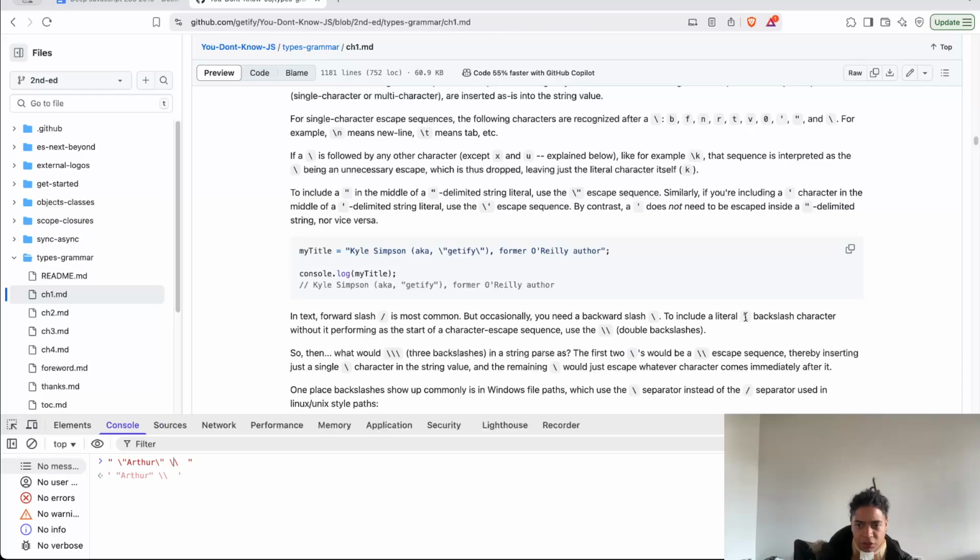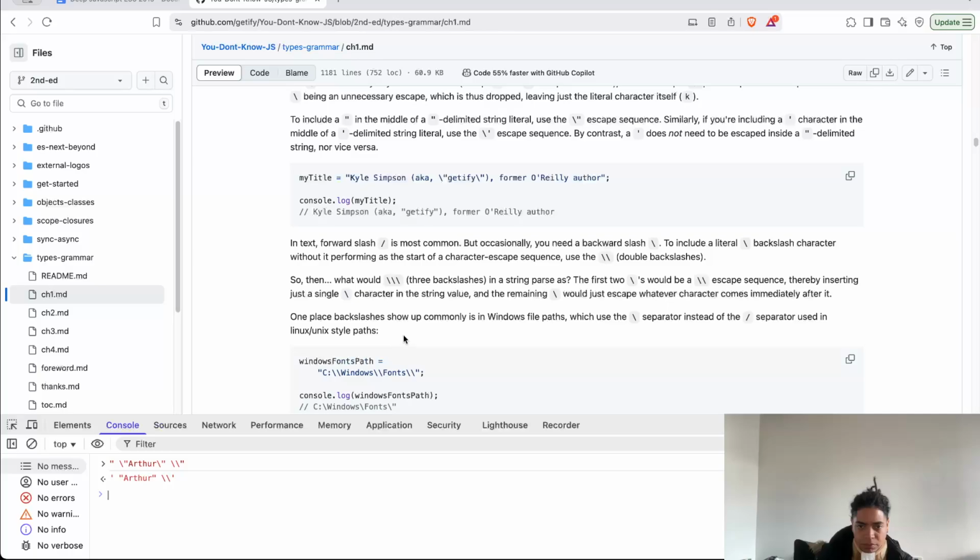To include a literal backslash character without it performing as a character escape sequence, use double backslashes. So then what does a triple backslash string parse as? The first two should be an escape character, thereby inserting just a single character as a string value, and the remaining will just escape whatever character comes after it. And so on and so forth.